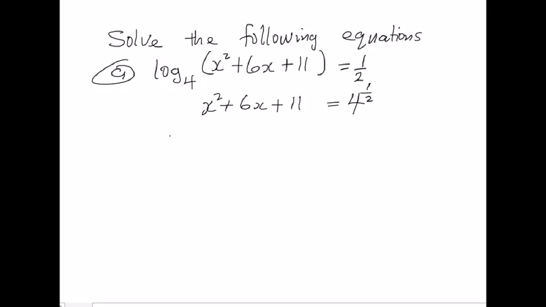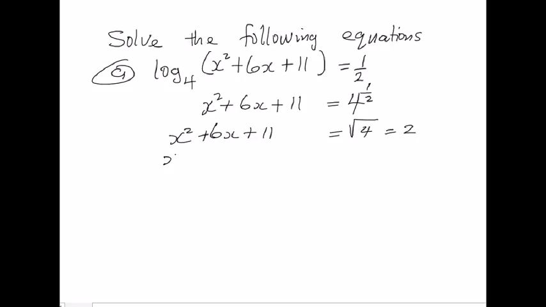So x squared plus 6x plus 11 will now be equals, the square root of 4 is 2, equals 2.